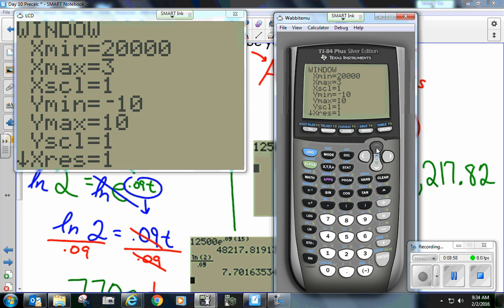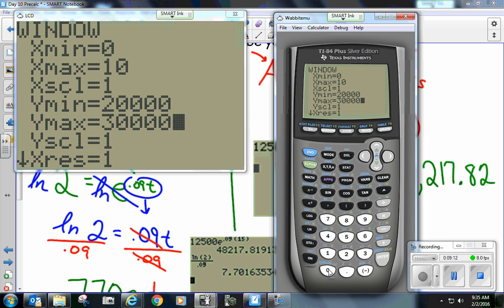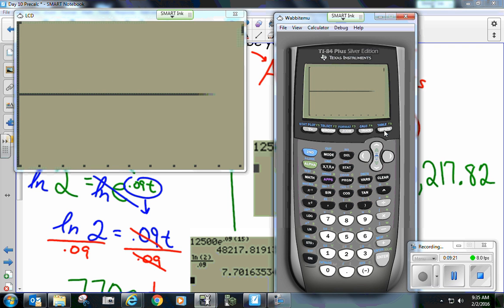So let's do this from 0 to 10 still, by once, and our y's will go from 20,000 as a minimum to 30,000, because it should cross at 25,000, right? In that straight line, you see what I'm saying? It will go by 5,000. There's our y's, 25,000, and here's where our other one should cross. It should cross around 7.7, right? Isn't that what we got? This right here should be approximately 7.7.